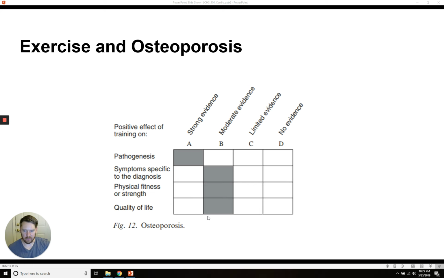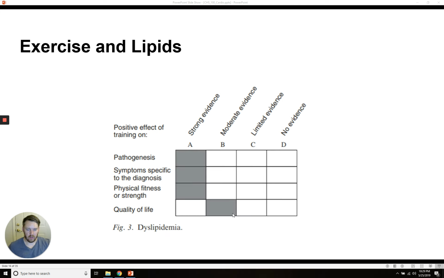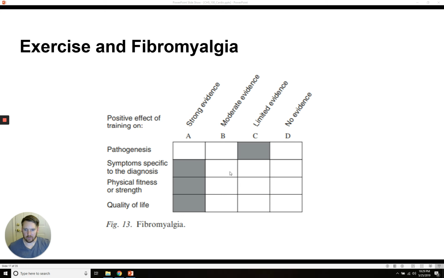Osteoporosis, strong evidence for the pathogenesis, moderate evidence for improving symptoms, fitness and strength, and quality of life. Dyslipidemia, strong evidence pretty much across the board, except for quality of life. There's only moderate evidence. Again, though, it can be very useful. Fibromyalgia, limited evidence for the pathogenesis, but strong evidence across the board for everything else.